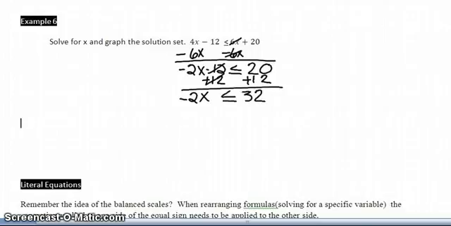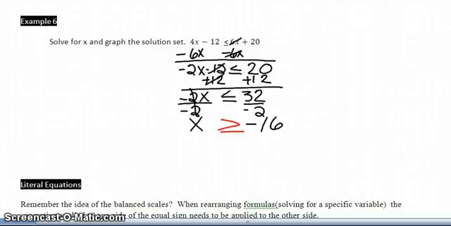At this point, you should notice that you need to divide by negative 2 on each side, which tells me I need to go from less than or equal to greater than or equal to. The negative 2's cancel, and I'm left with x is greater than or equal to negative 16.